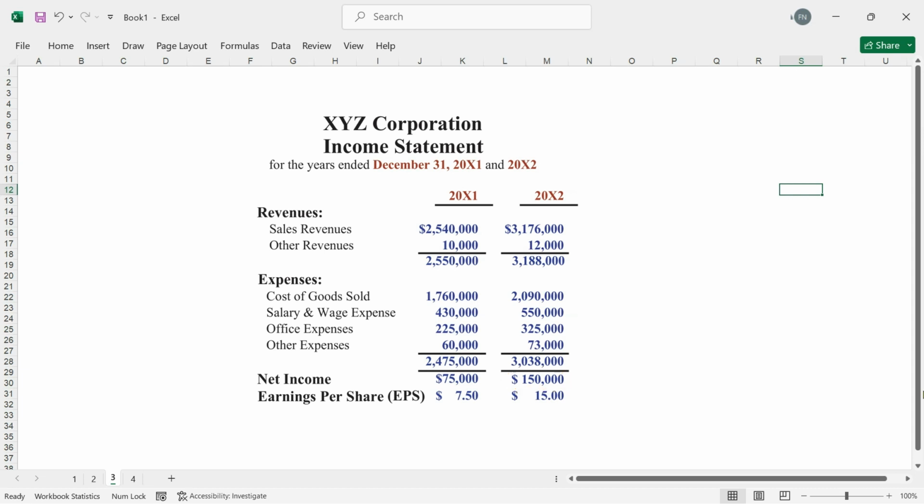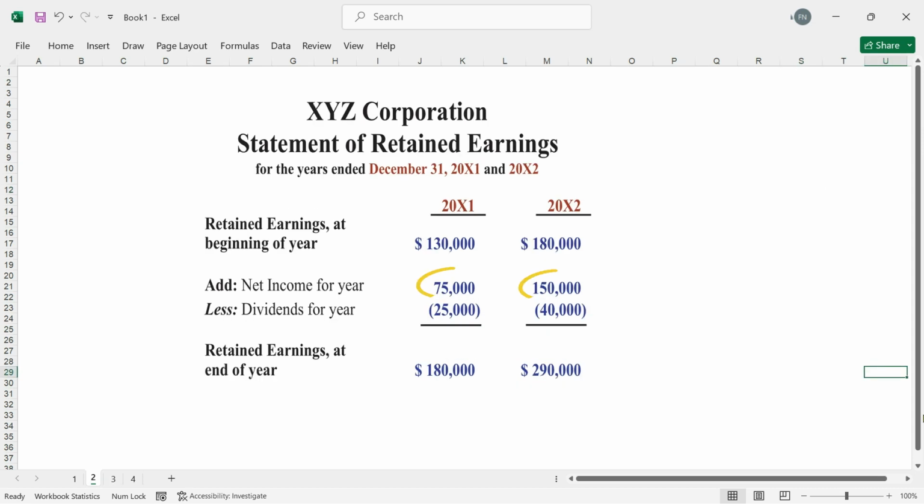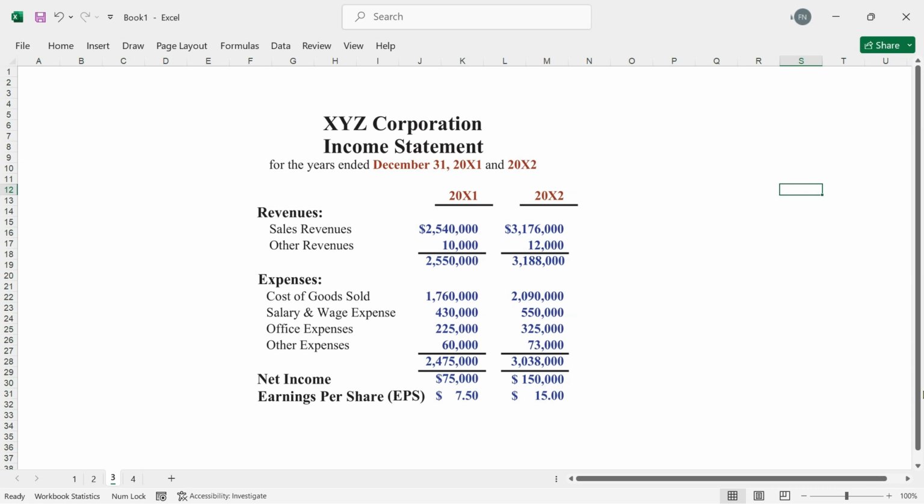20X2. We kind of already knew by looking at the statement of retained earnings that this is a company with increasing retained earnings because the company has been profitable. The reason why this income statement is so valuable or beneficial is because it explains to us how we generated that income. What was the amount of our revenues and what were our expenses that give rise to net income?